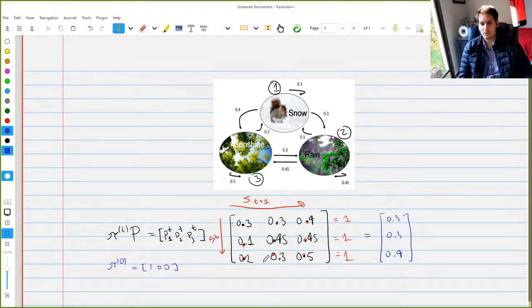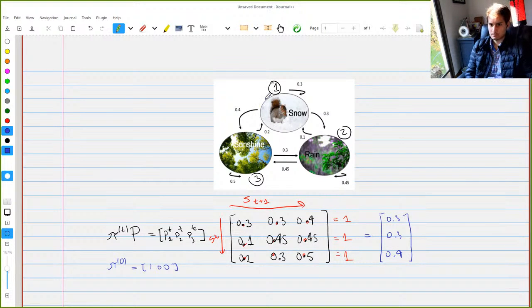That makes sense because we are starting in the snow state. So all our transition probabilities are the same as this one and this one, which are the ones in the first row.